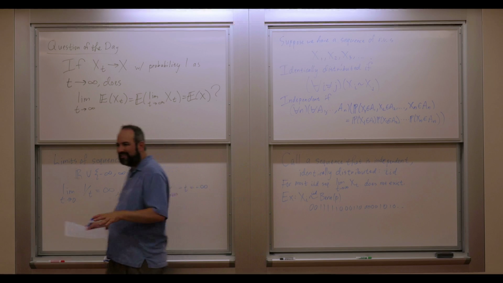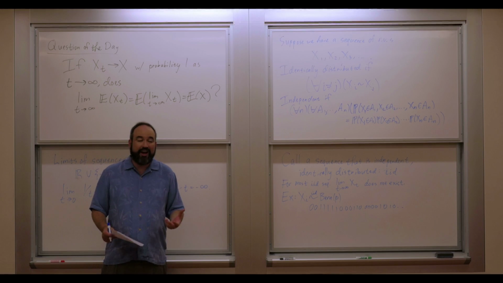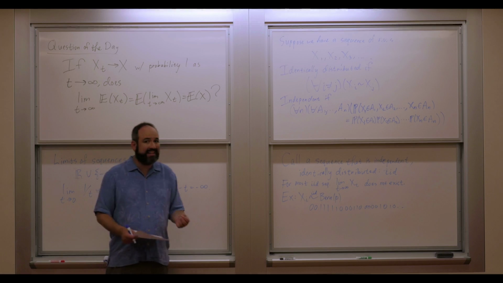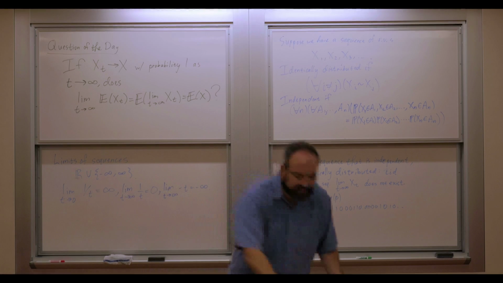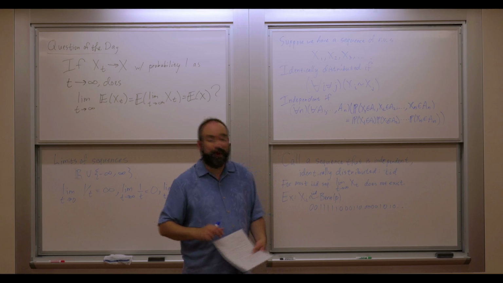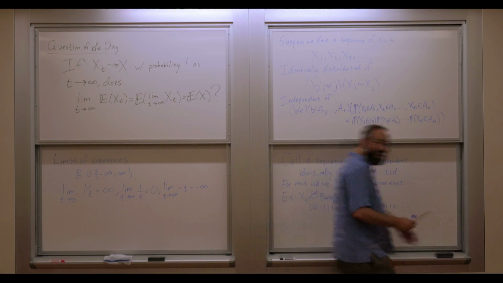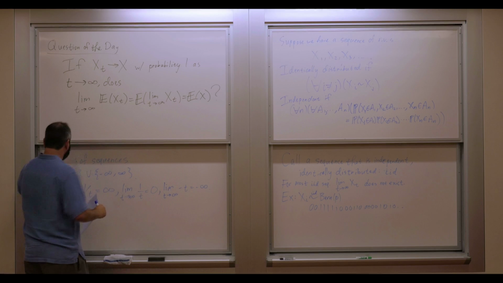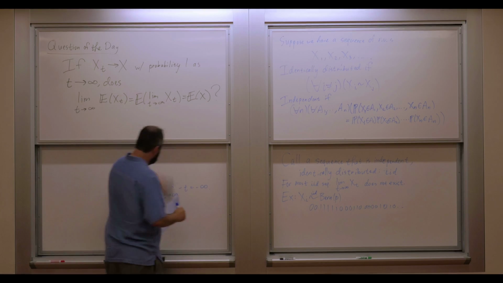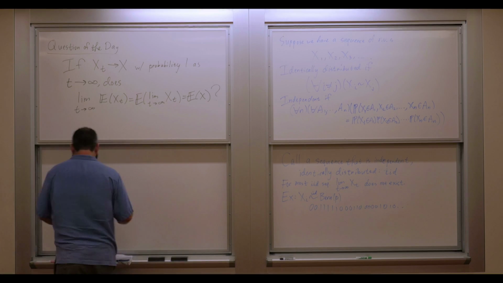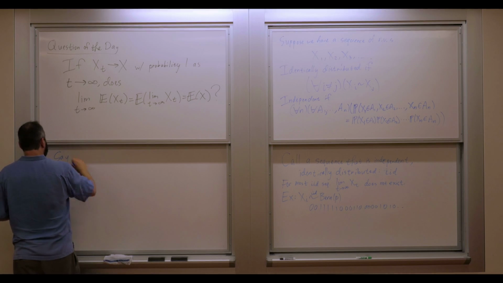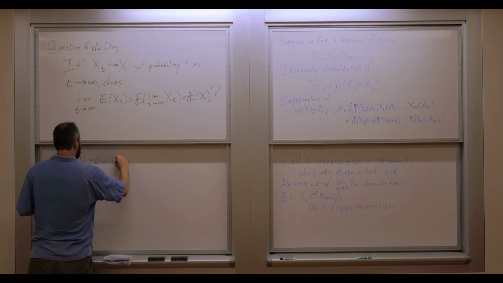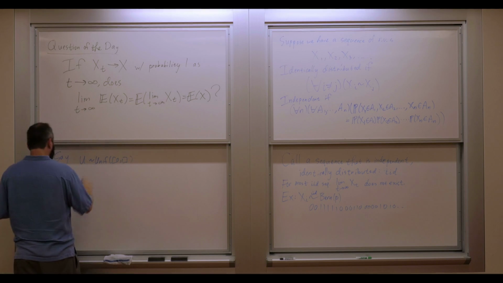So the sequences of random variables that have limits are typically either not independent or not identically distributed. Here's an example of a sequence which is both not independent and not identically distributed. Say that I take a single draw that's uniform over the interval 0, 1.